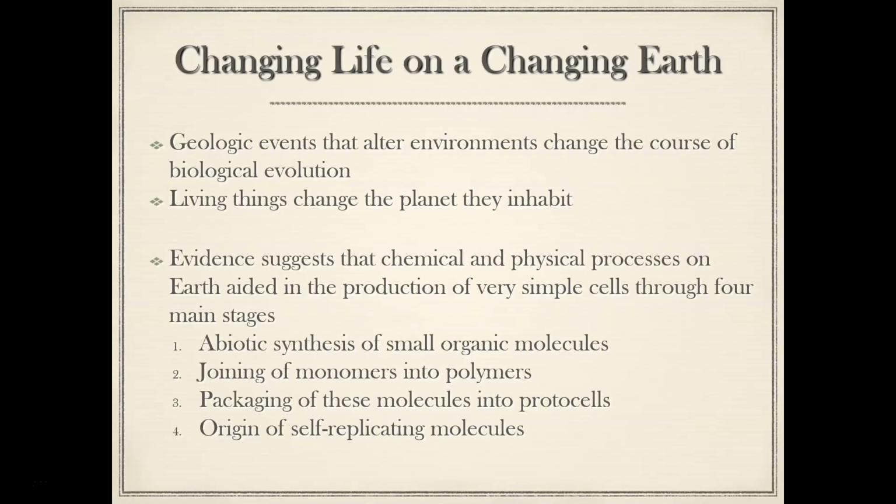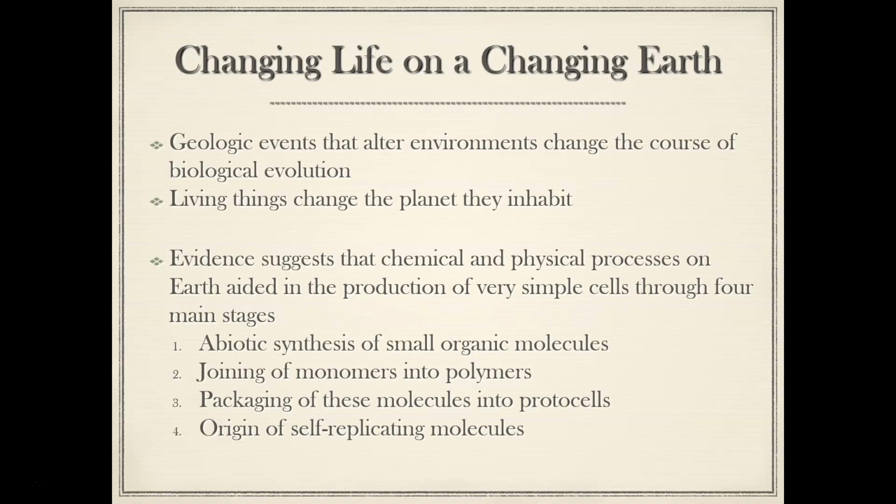First and foremost, we need some sort of synthesis of small organic molecules. So simple sugars, basic genetic material, that sort of thing. Then we're going to take those small organic molecules, and those small molecules have to start joining together to make more complex ones. So remember a little bit of your biochemistry, right?